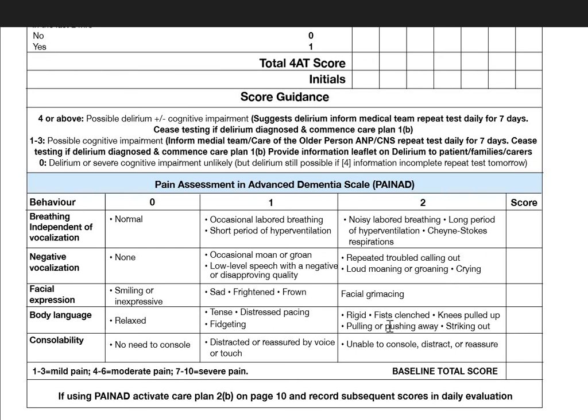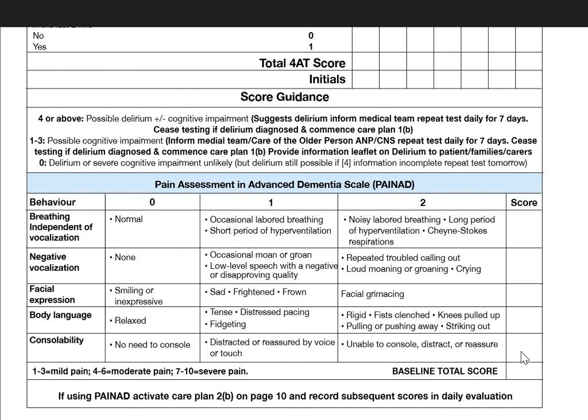And if they are rigid, fist clenched, knees pulled up, pulling or pushing away or striking out, we document a score of 2. And consolability, if there's no need to console, a score of 0. If they're distracted or reassured by voice or touch, a score of 1. But if we're unable to console, distract or reassure, then a score of 2.